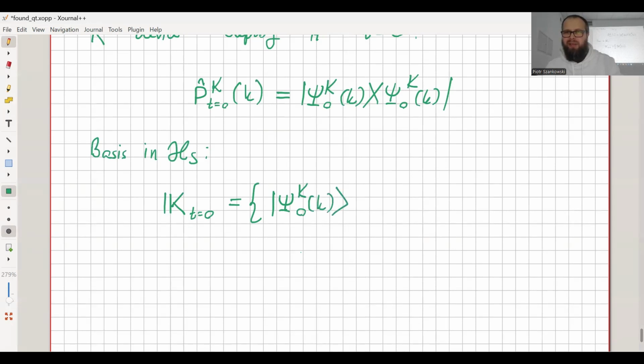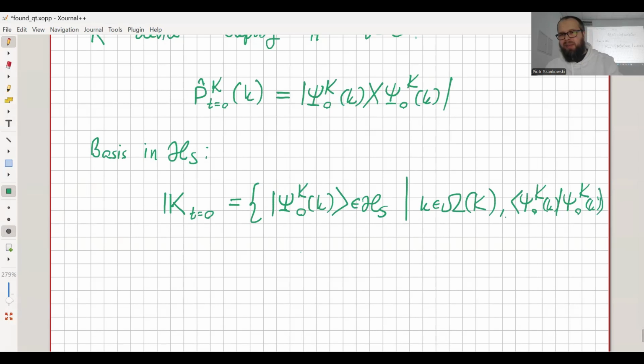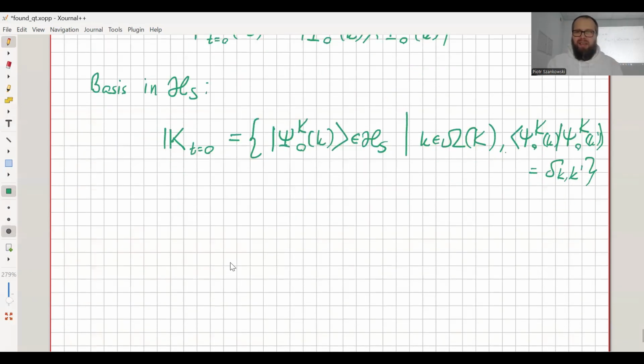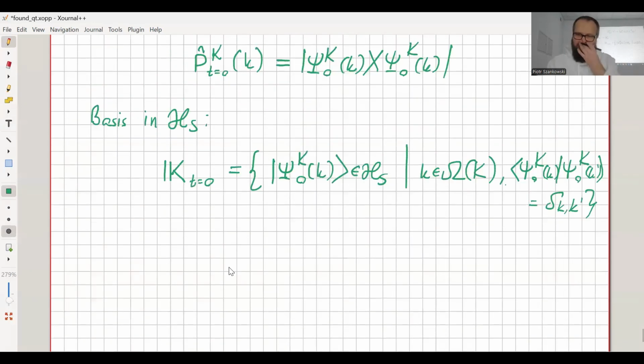They are orthogonal to each other, such that K belongs to the spectrum of our observable, and the inner product of psi K0 with psi K prime 0 equals delta K, K prime, right? Orthonormal basis. So that's basically repeating what we talked about previously.